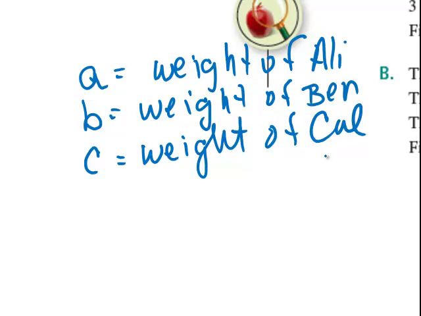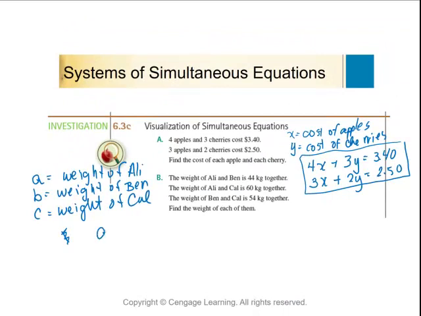So adding A and B together, oops, that's not an A. Scratch that out. A plus B is going to equal 44. A plus C equals 60. And B plus C equals 54. So this is our setup.